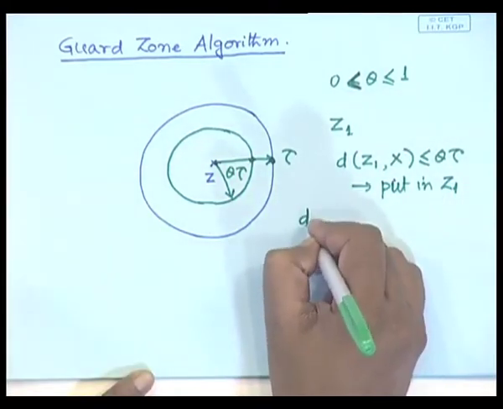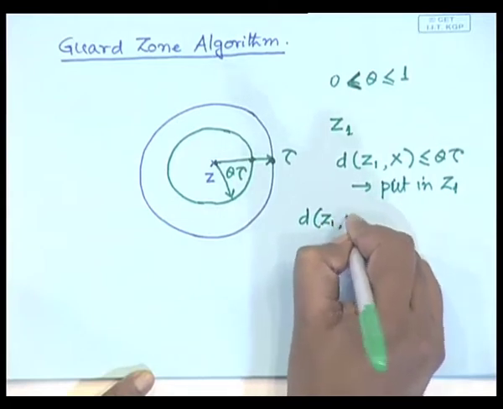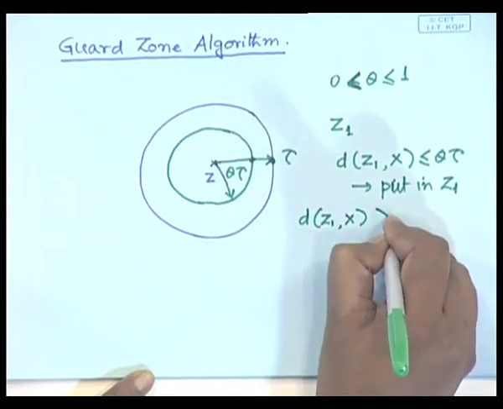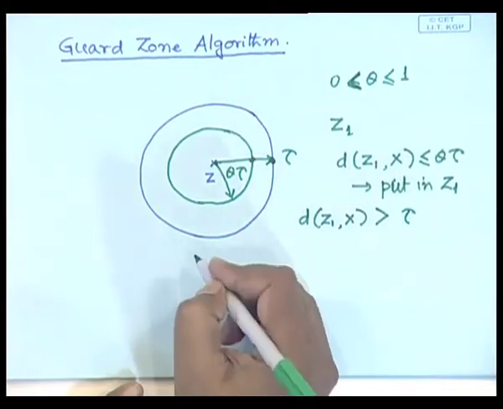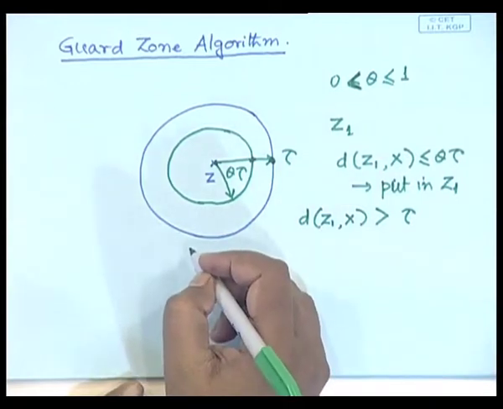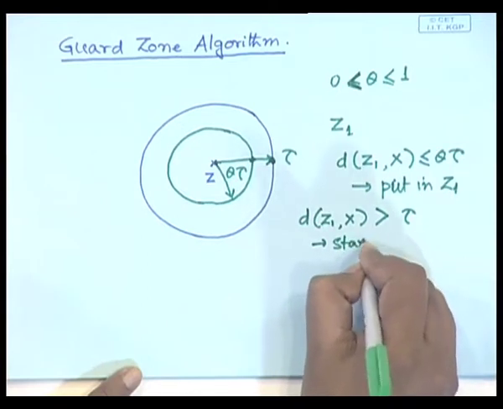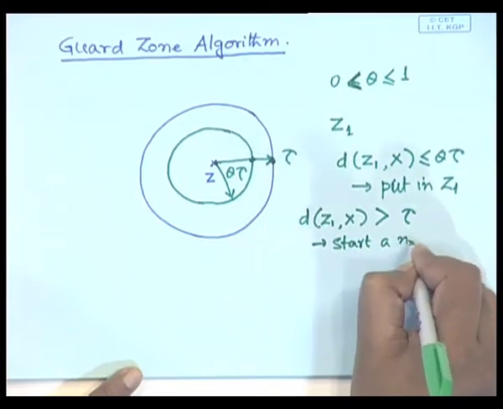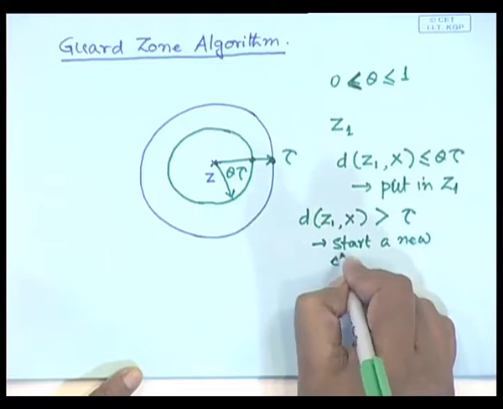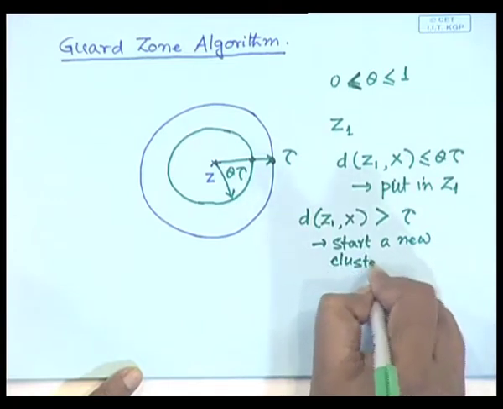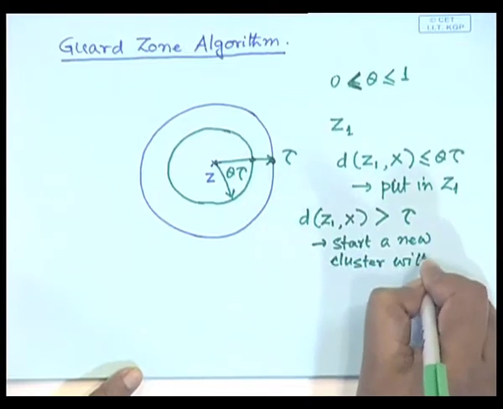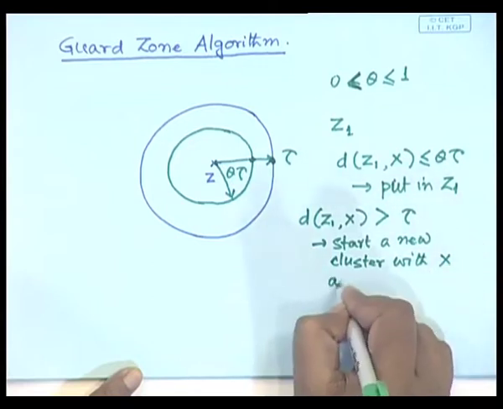If this distance is greater than tau, then you start a new cluster with x as center.